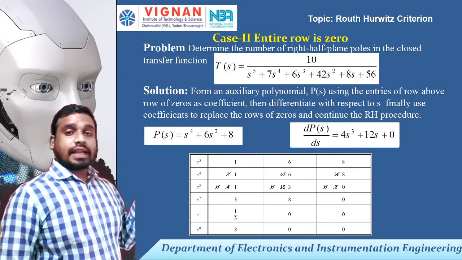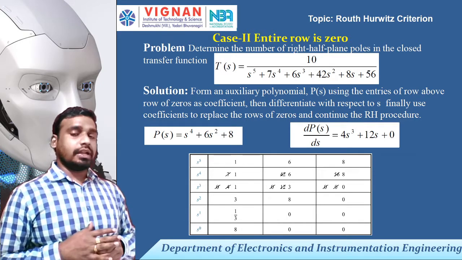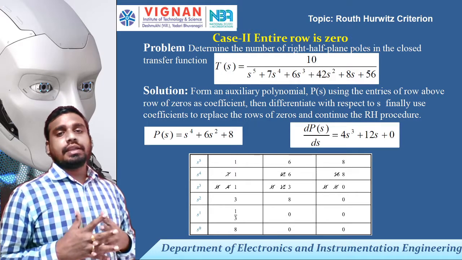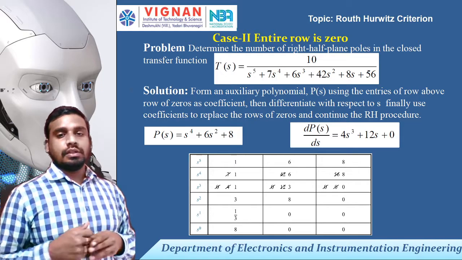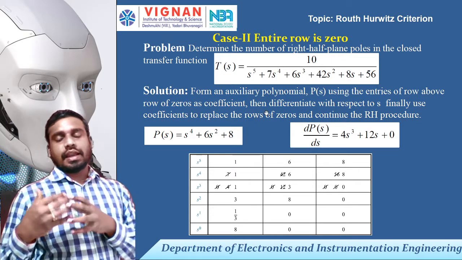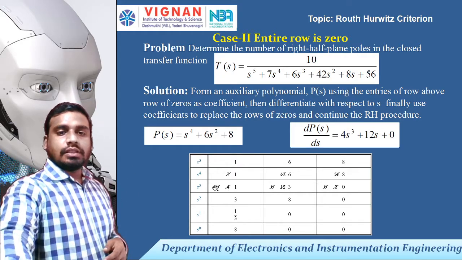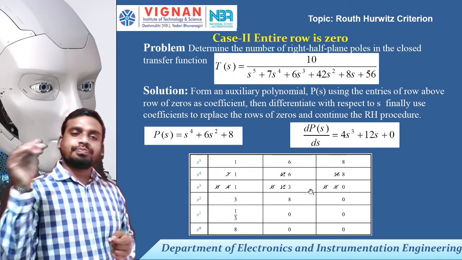So here the second case is if you have an entire row as 0. If you have an entire row as 0, what we have to take is the auxiliary polynomial. How to calculate the auxiliary polynomial? Initially start with computing the characteristic equation, substitute the roots, and if you observe here, in the third row you will get 0 on the whole row.